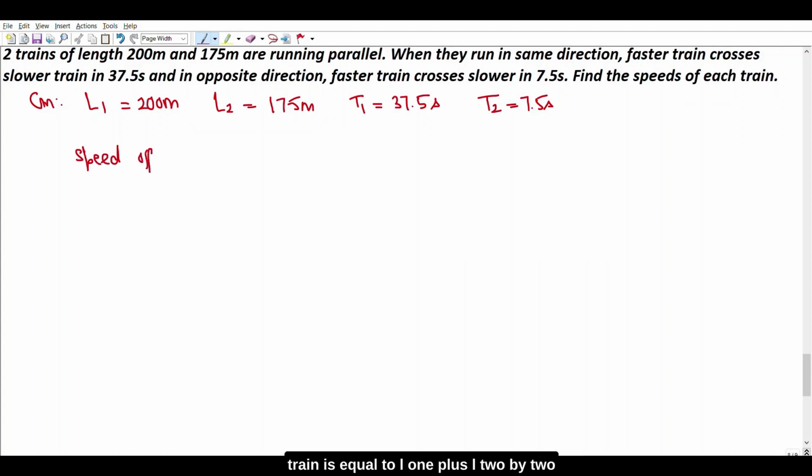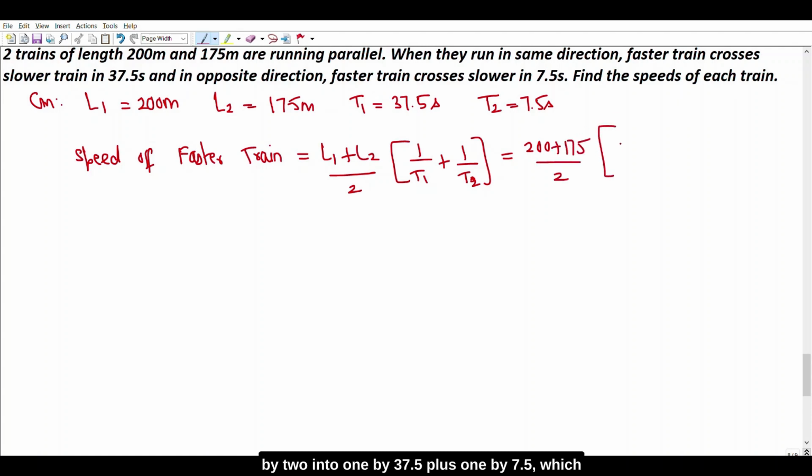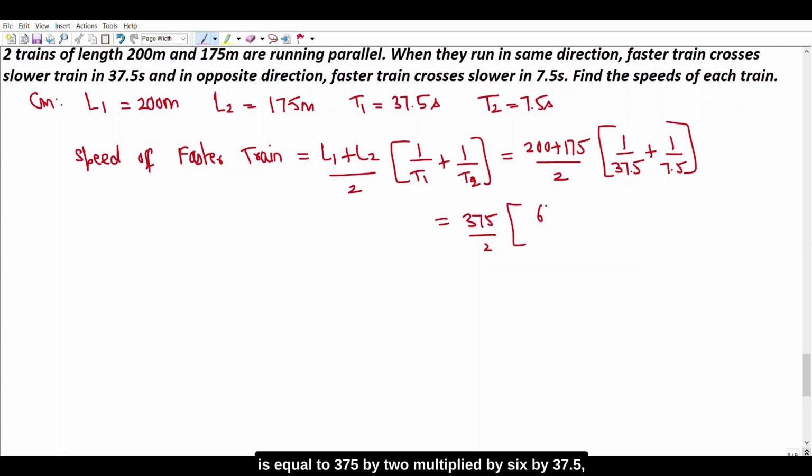speed of the faster train is equal to (L1 plus L2) by 2 whole multiplied by (1 by T1 plus 1 by T2), which in turn can be written as (200 plus 175) by 2 into (1 by 37.5 plus 1 by 7.5), which is equal to 375 by 2 multiplied by 6 by 37.5, which in turn will give 30 meter per second.